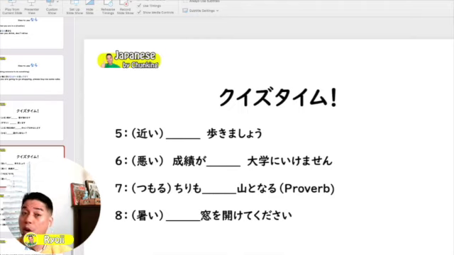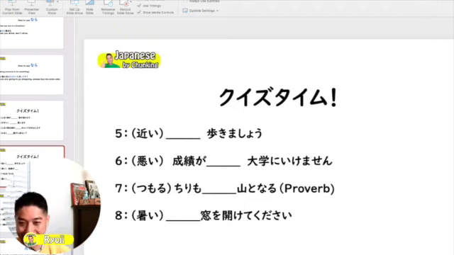So when snow falls, and snow just accumulates, this is 積もる。塵も山となる。塵 means dust. 塵も山となる。Okay, so remember, proverbs usually use this one particular word.